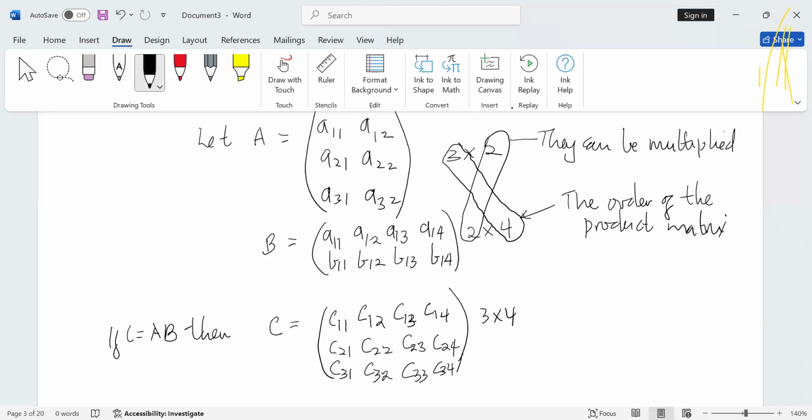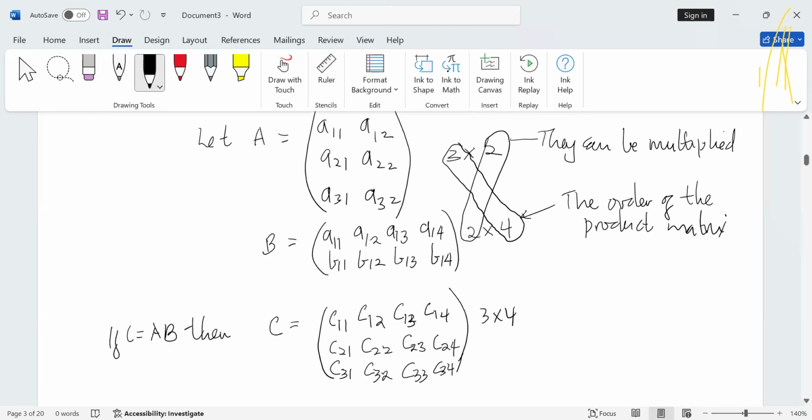So with this I can tell you how to multiply. Sometimes if you have forgotten how to multiply, you can always write the product matrix. This is how we write this matrix, and this will tell you what to multiply.